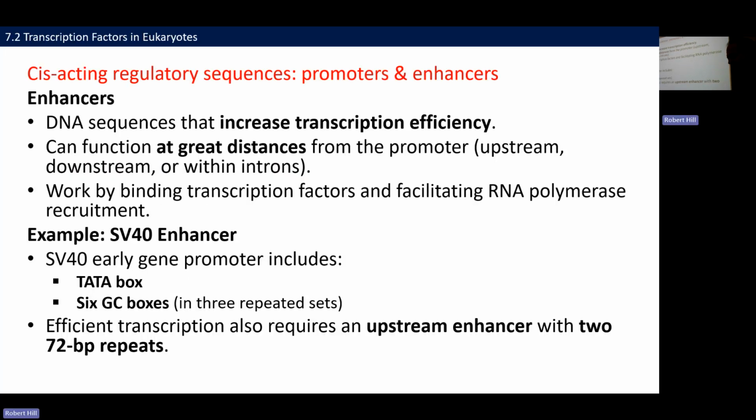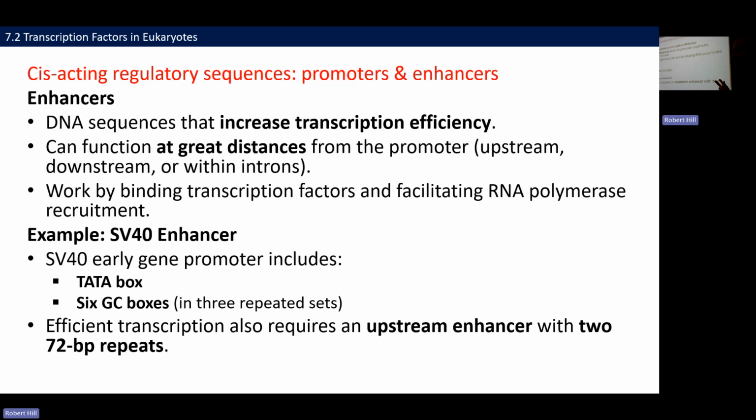All right, so those are sequences found at the promoter region. But in eukaryotes, there are also sequences that are found away from the promoter region, still considered cis regulatory sequences because they're on the same chromosome, that greatly increase transcriptional efficiency. And we call these enhancer sequences, right?